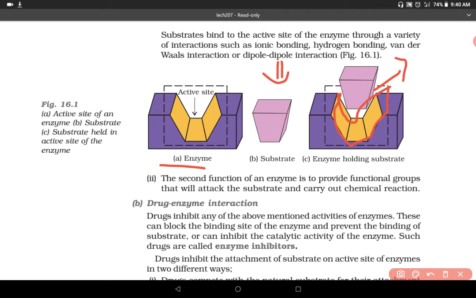The second function of an enzyme is to provide the functional groups that will attack the substrate and carry out the chemical reaction. This is very important.